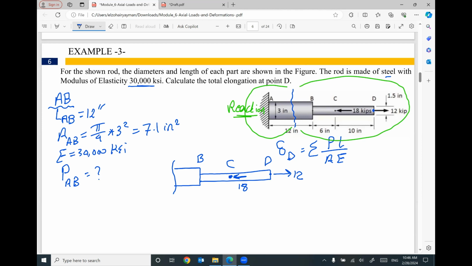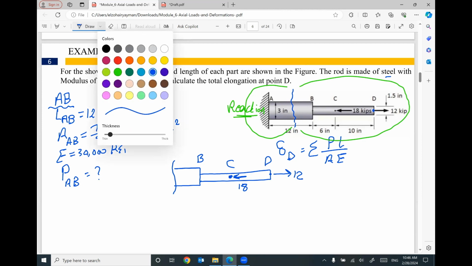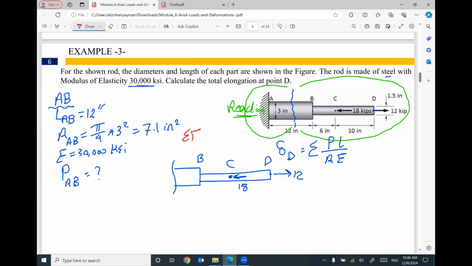So I have this free body diagram. If you apply summation Fx equal 0, we have a force here equal 18. We have a force here equal 12. Looks like we must have a force here in this direction equal 6 kip.